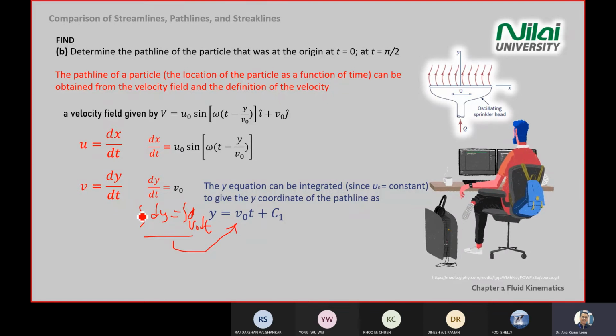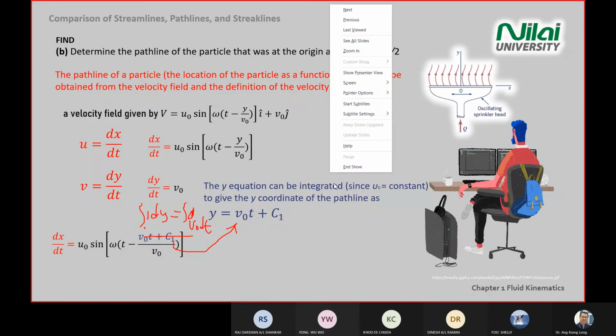On the left hand side, you integrate something with a constant value 1, so you will get y. And then on the right hand side, integrating a constant value, you'll get v naught t plus c1, because we don't have the boundary condition for your integration. Clear why suddenly you can get y equal to v naught t plus c1? You get this from the second differentiation equation.